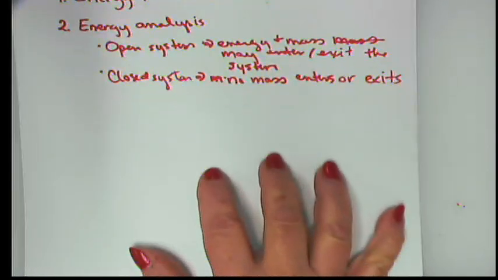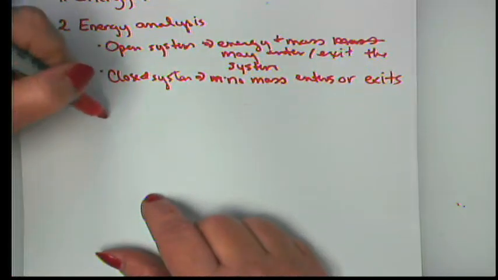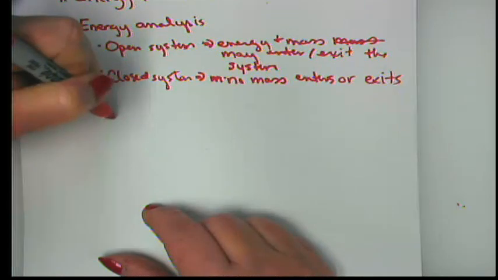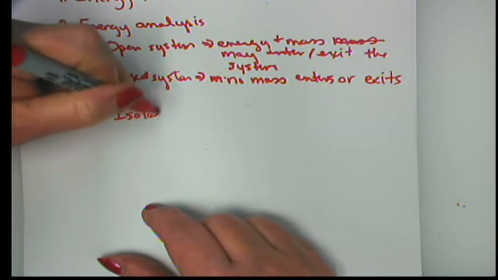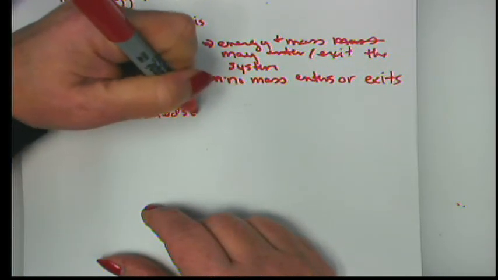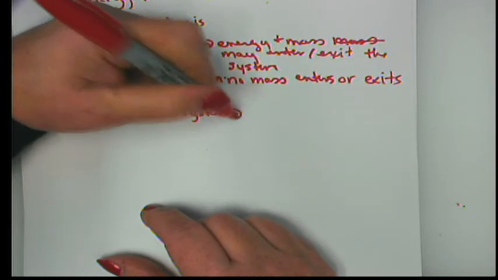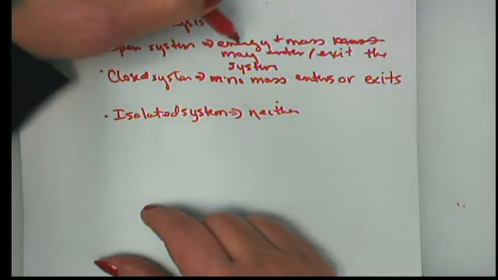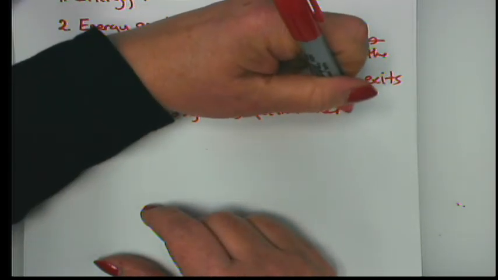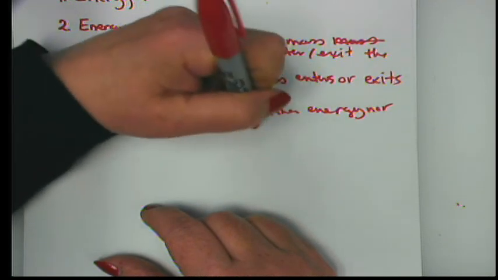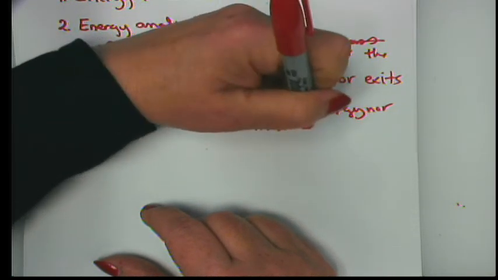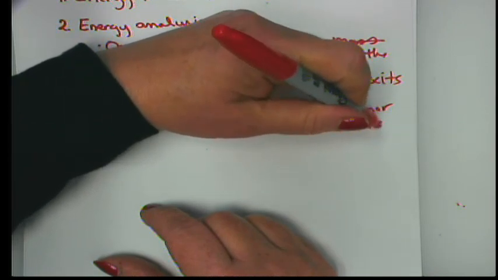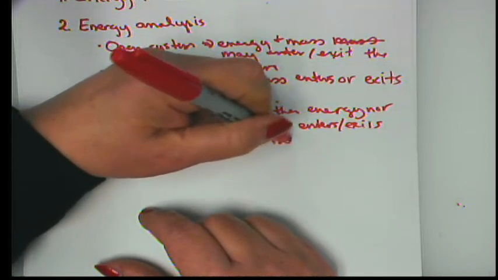Right. There's a third kind of system that's not very interesting from a thermodynamic point of view, called an isolated system. It's a type of closed system, but it is one where neither energy nor mass enters or exits. An example of this would be the perfect thermos.